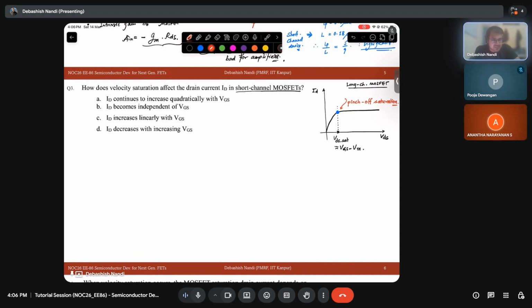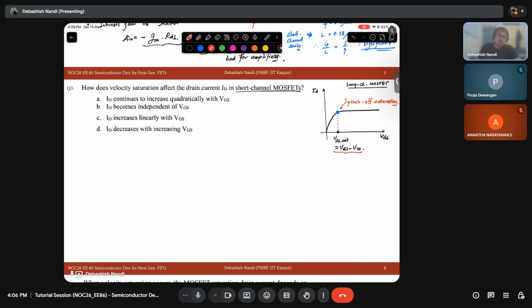We have discussed this. This particular phenomenon is called pinch-off saturation, which we generally observe in long channel MOSFETs, and this voltage is given by VGS minus VTH. This much you will know, right? Till this equation, I am assuming that you know.